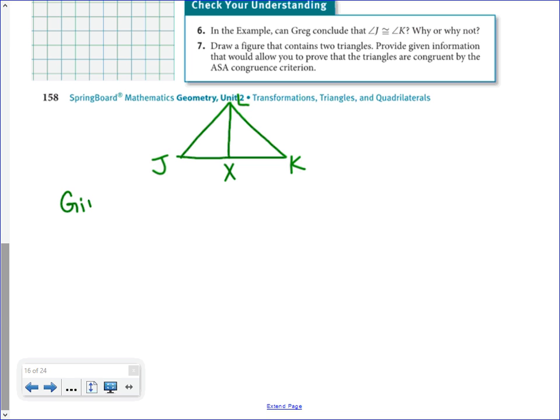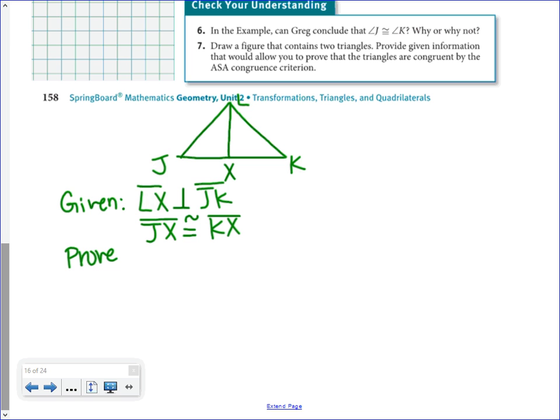This time we are given that LX is perpendicular to JK, and we are given that JX is congruent to KX. And we are wanting to prove triangle JXL congruent to triangle KXL. That's what we're trying to prove, if we can.